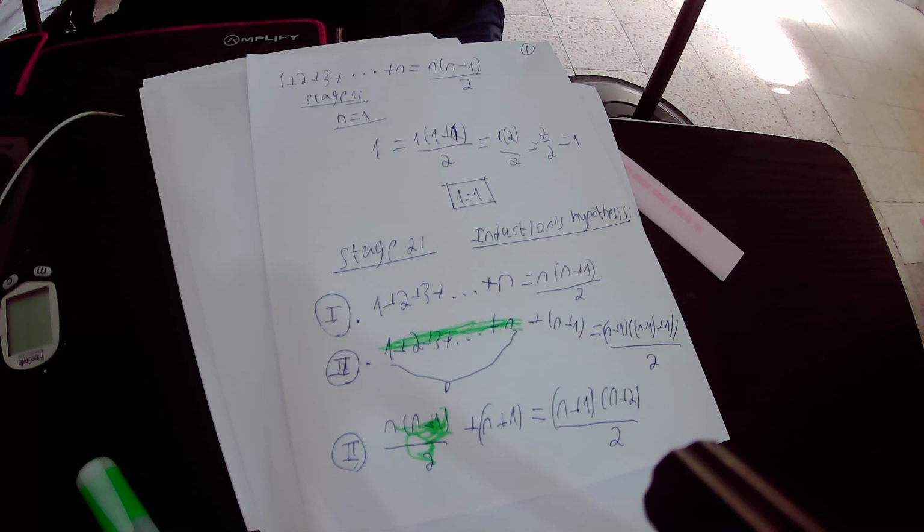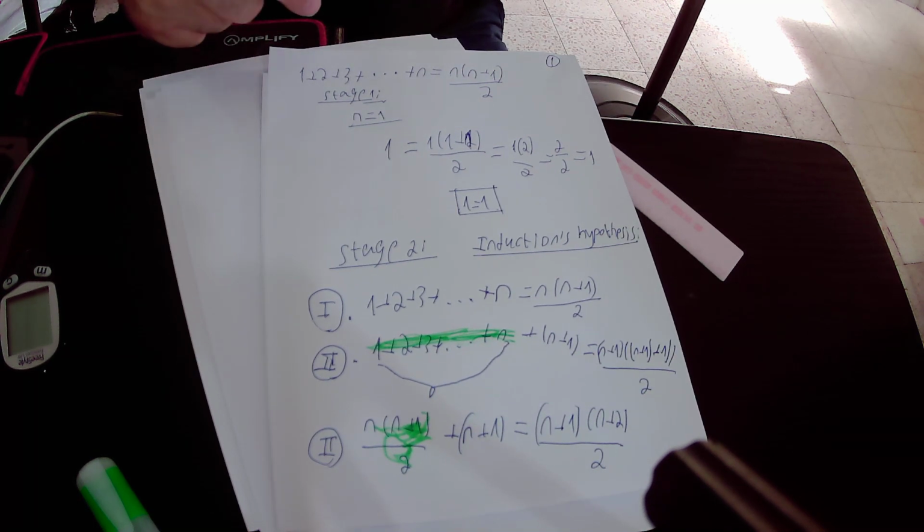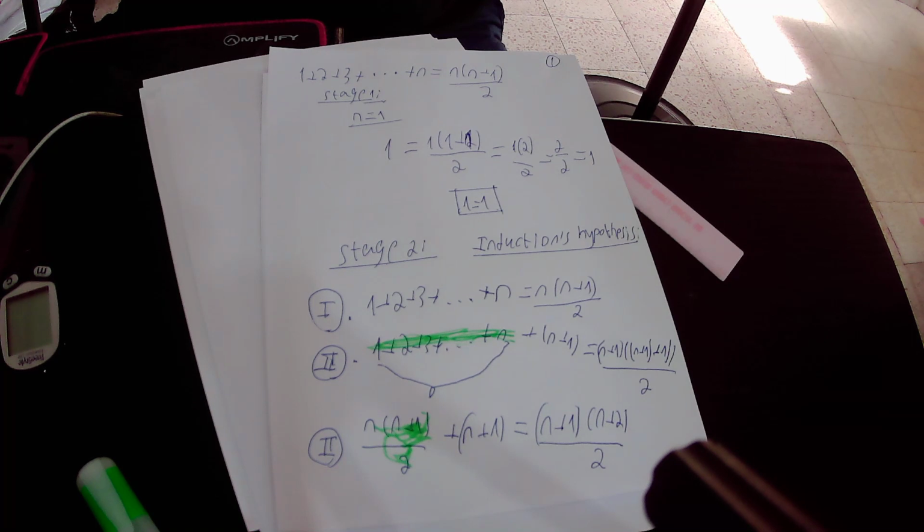And now we will repeat the same process again. We know that this statement is true for n equals 2, and according to our general proof, it must be true also for 2 plus 1, that is n plus 1, because n equals 2.